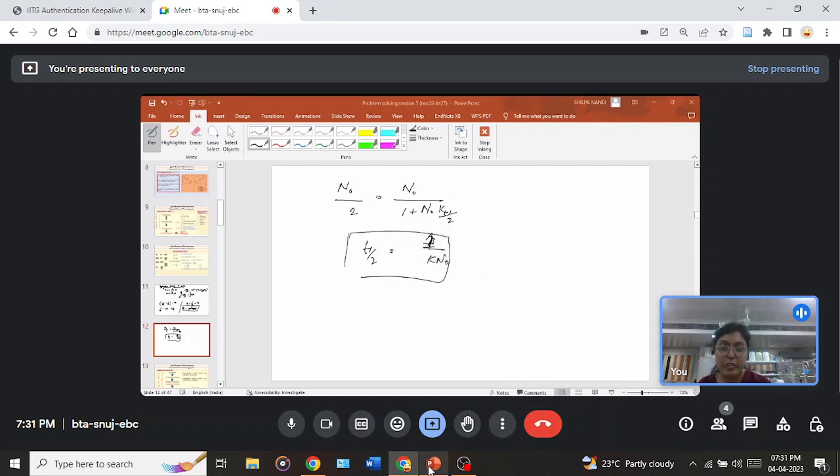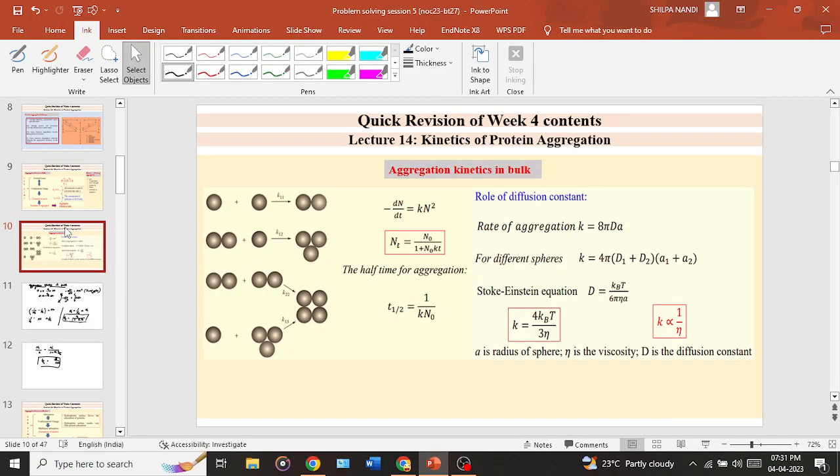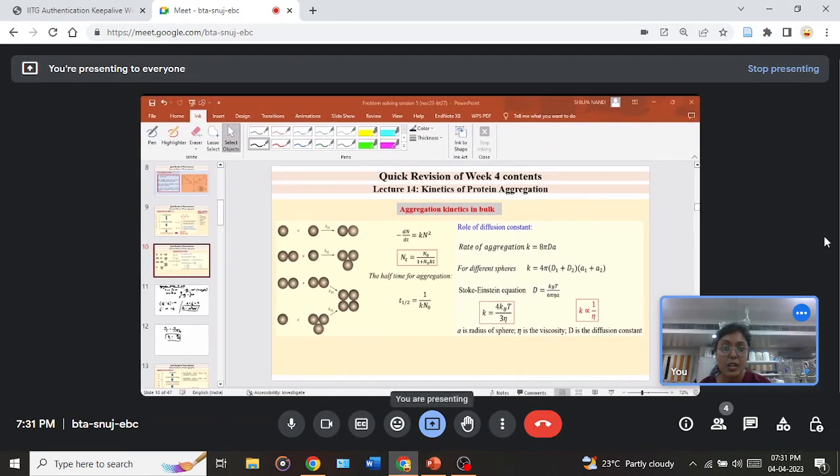So we were discussing this particular aggregation kinetics in bulk. So the role of diffusion constant, also the rate of aggregation K is given as 8 pi DA, where D is the diffusion coefficient and A is the area for different spheres. K is equal to 4 pi (D1 plus D2)(A1 plus A2).